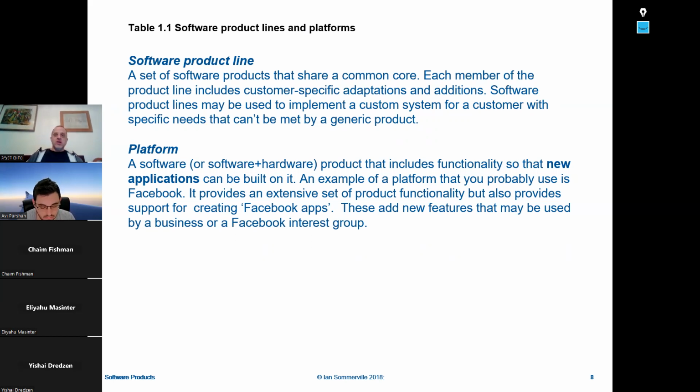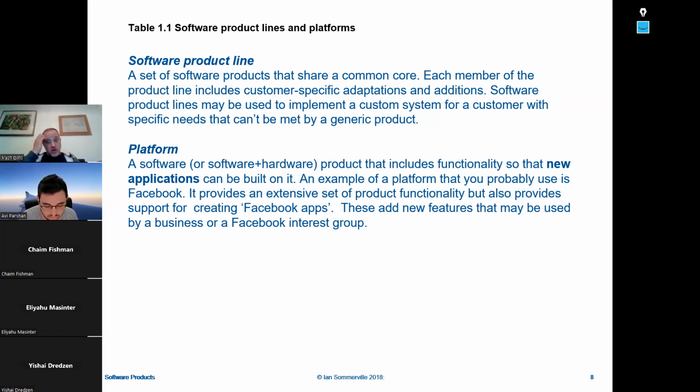Software product lines may be used to implement a custom system for a customer with specific needs that can't be met by a generic product. Right. The product line can give you certain features that a certain customer needs.